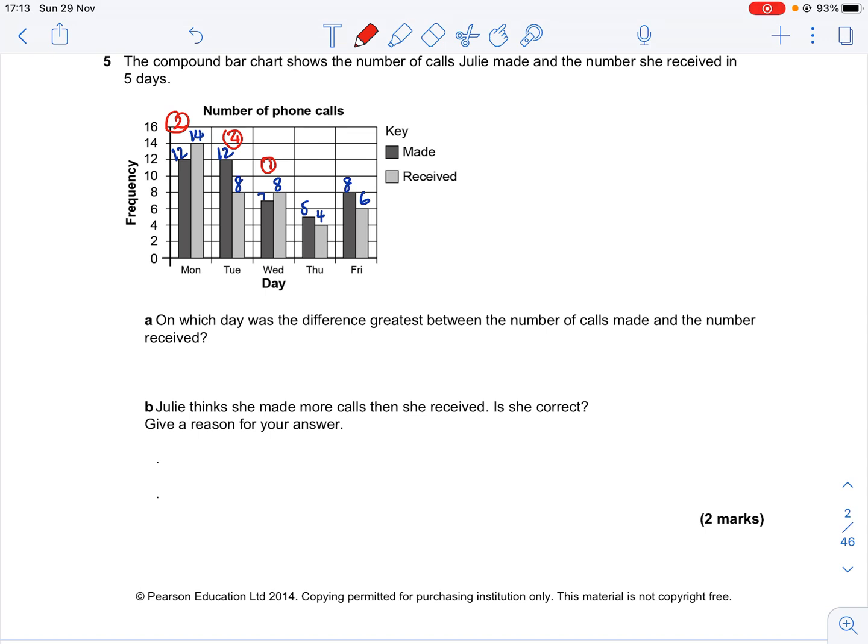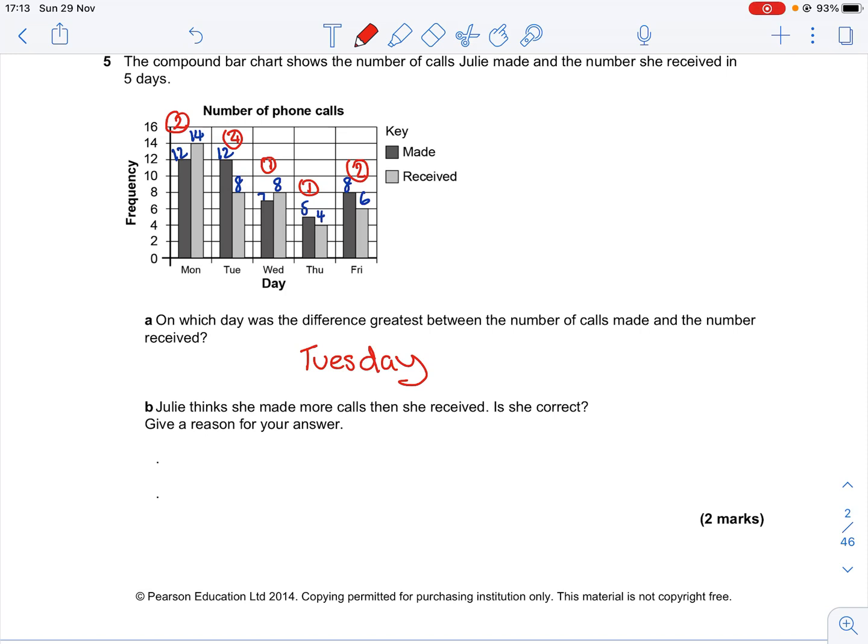Thursday, 5 take away 4, so the difference is 1. Friday, the difference is 8 minus 6. The difference is again 2. So the greatest difference would be Tuesday, which is 4 calls.